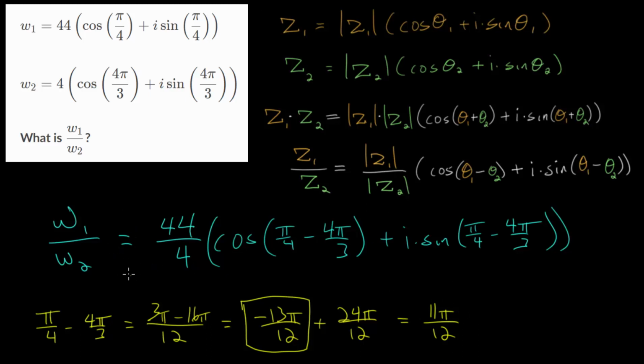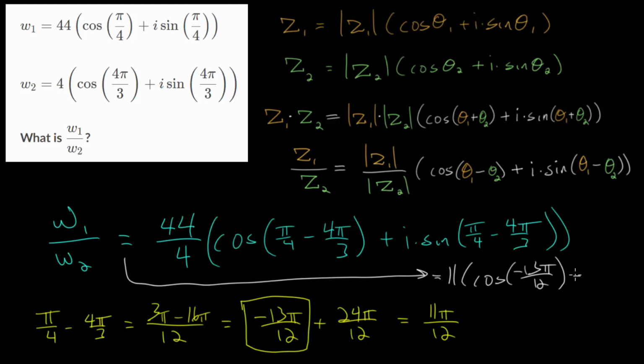Now, rewriting this quotient, this will be 11 multiplied by the cosine of, actually, let me just use this negative one here, minus 13 pi over 12 plus i times the sine of minus 13 pi over 12.